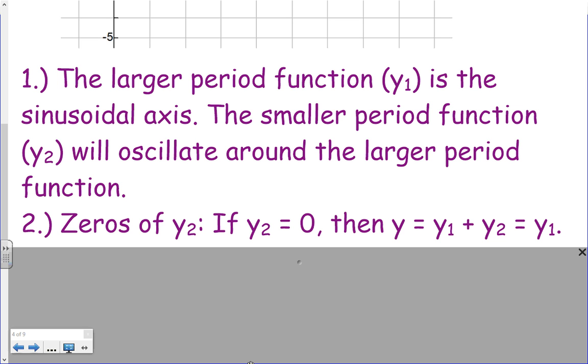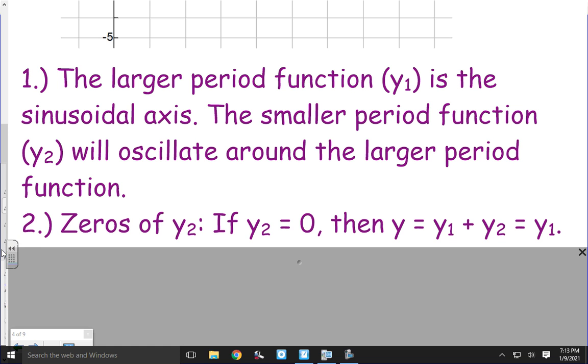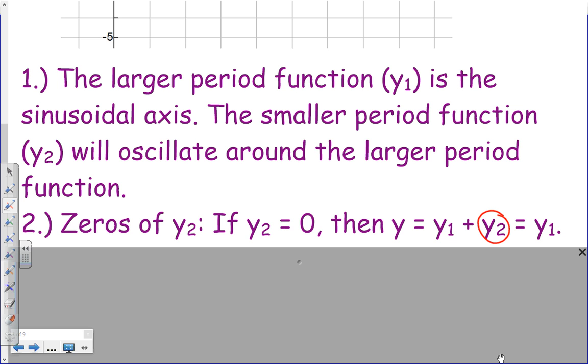If y2 is equal to 0, then when I add y1 plus y2, since the y2 there is 0, y1 plus 0 is just going to give me y1. So in other words, anywhere that I see that y2 is a 0, I can plot a point right on function y1.